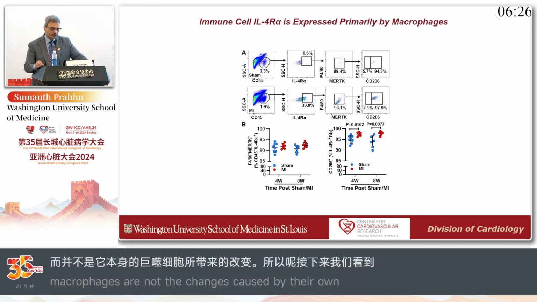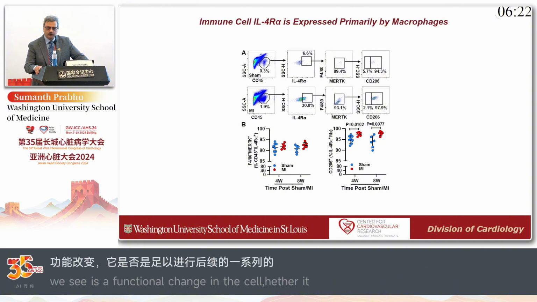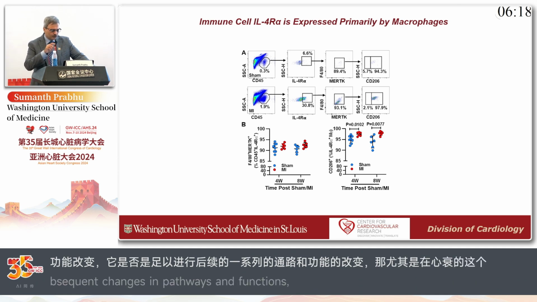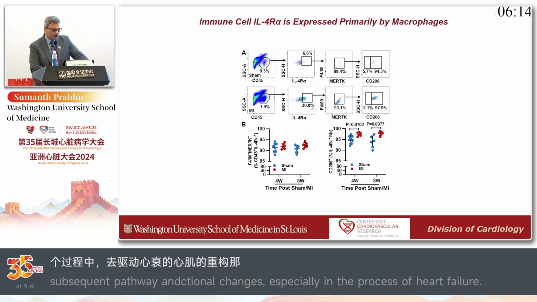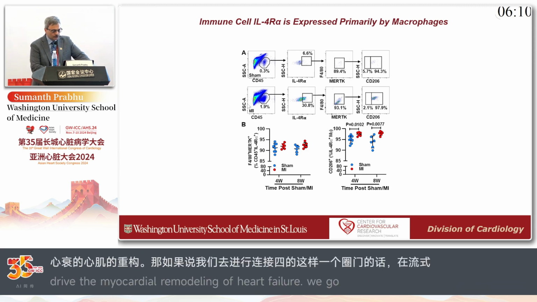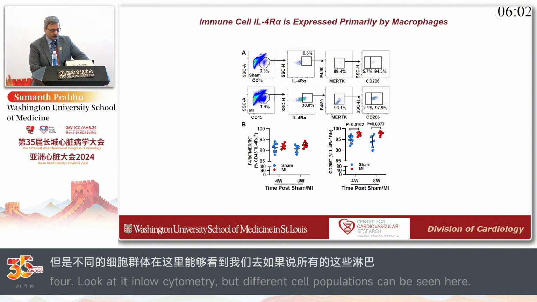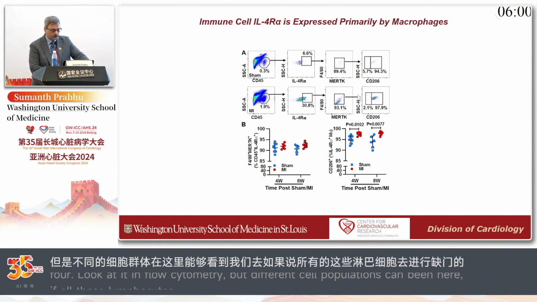What we wanted to next identify was whether this was necessary in the heart failure process to drive remodeling. So we step back and look, what are the other cell types? If we gate on IL-4 receptor alpha, is this exclusively macrophages, or are there different cell populations? What I've shown you here is we're gating leukocytes first on IL-4 receptor alpha, and then looking at what populations of cells are these macrophages or are there other cell types.